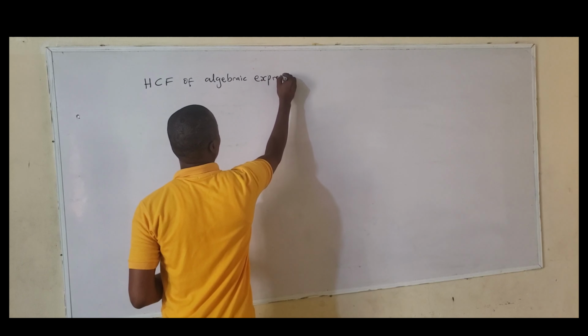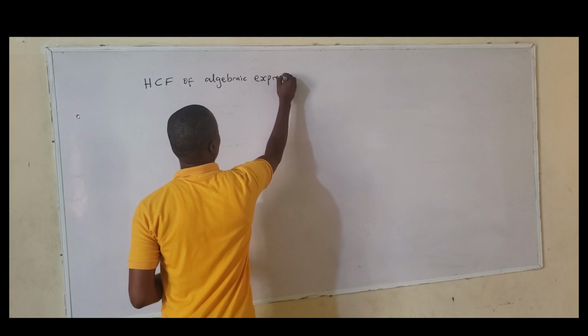Now, if you look at 3x and 2x squared y, x is a common factor. Why? Because x can divide 3x. If you have 3x over x, you can divide and have 3. And if you have 2x squared over x, you can divide, of course, so one x will go with one of these and one will remain.